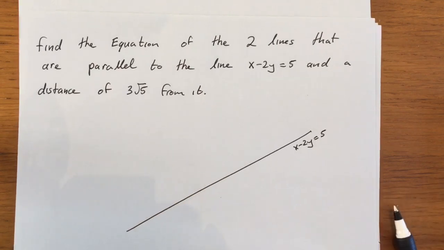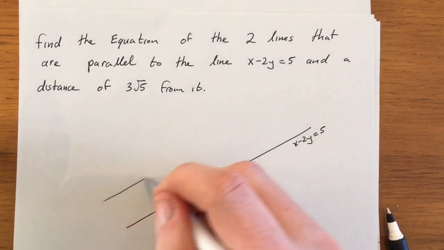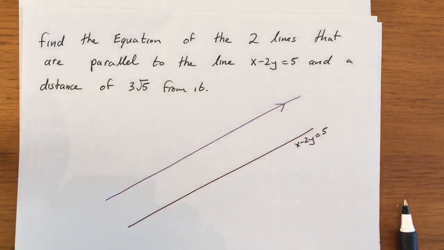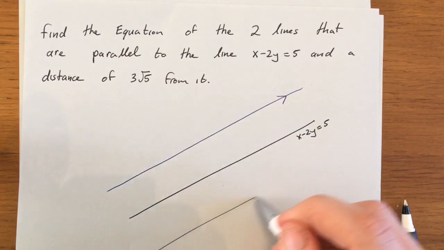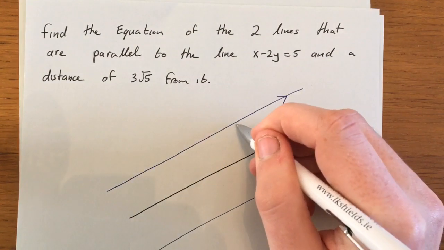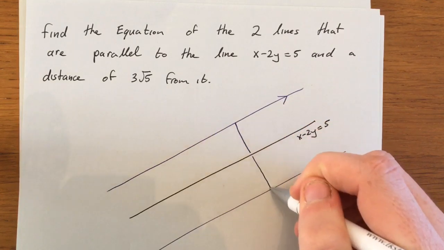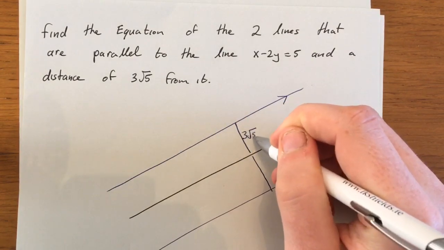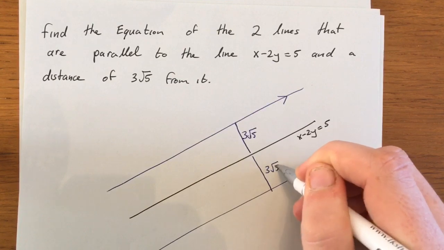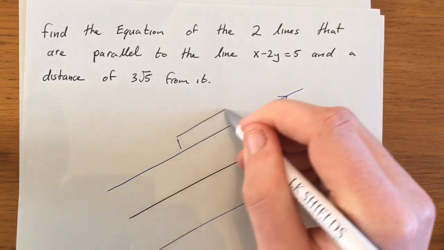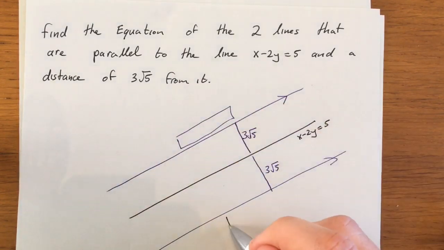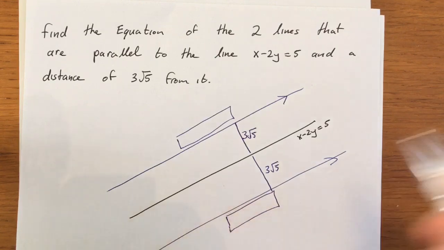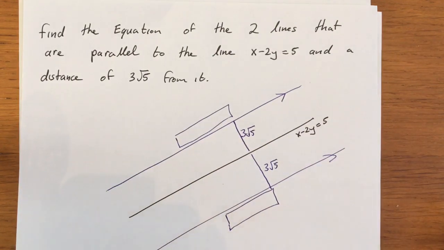So the way we would do this is, there could be one parallel line there, and obviously there could be one there. And the distance between the two of them could be 3 root 5. So what this question is asking you to do is to find the equation of that line and to find the equation of that line. Again, I'll get you to try that on your own, and I will put up the solution to that on Google Classroom.